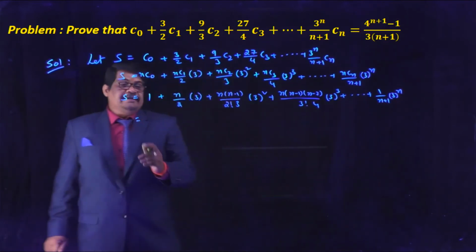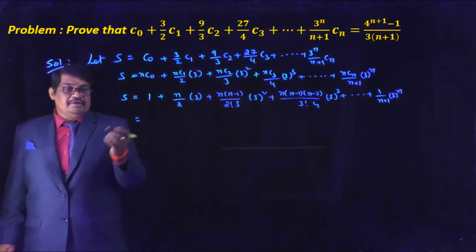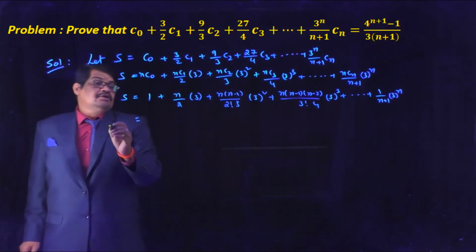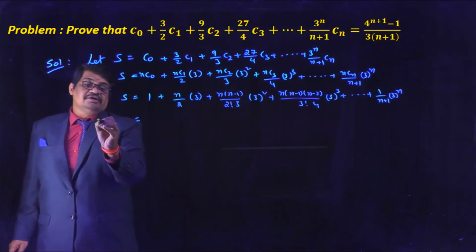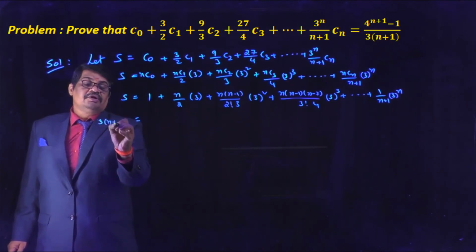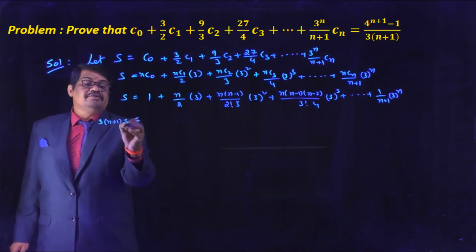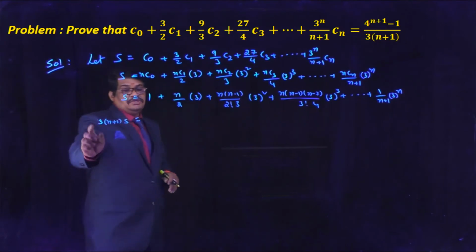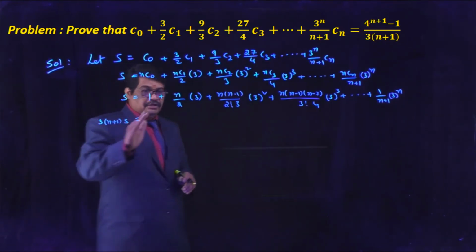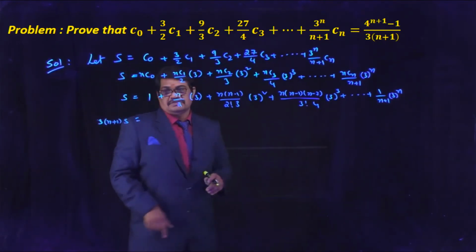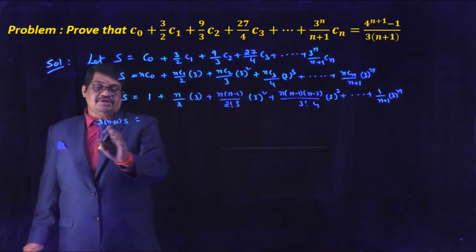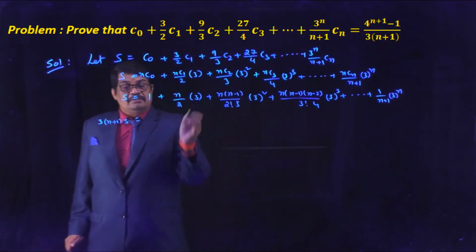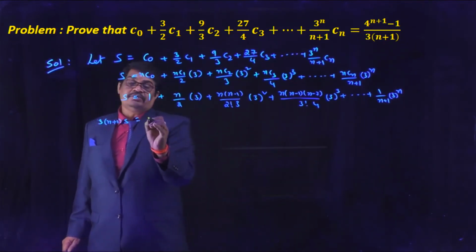Now we multiply both sides by 3 into n plus 1, multiplying each term by 3 into n plus 1.